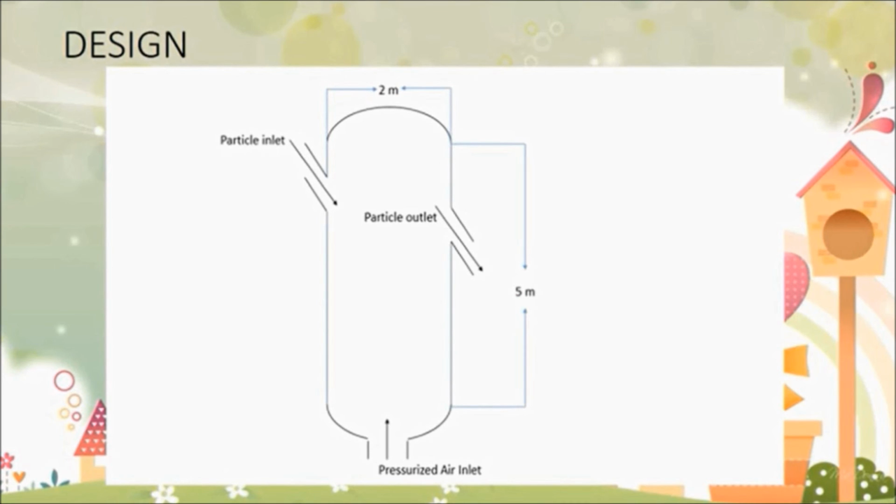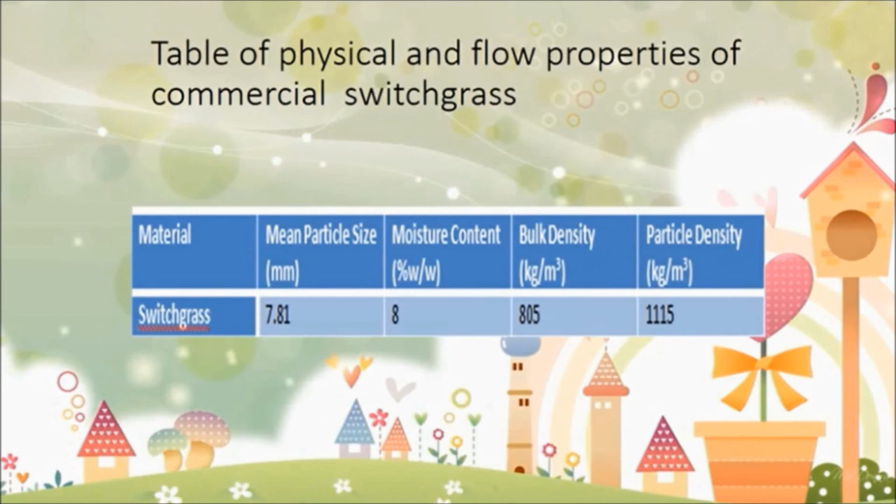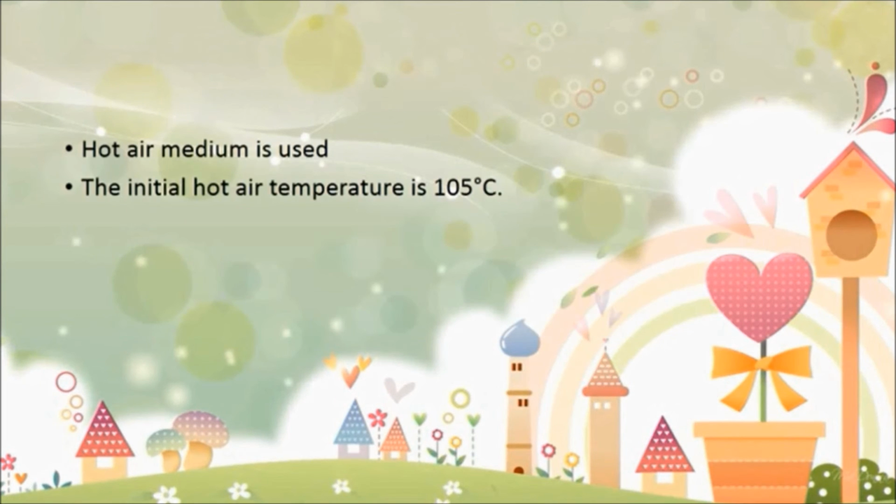The design of the fluidized bed dryer is as shown below. The dryer has a diameter of 2 meter, whereas the bed height is 5 meter. The table below shows physical and flow properties of commercial switchgrass after undergoing the drying process. Hot air medium is used during this drying.